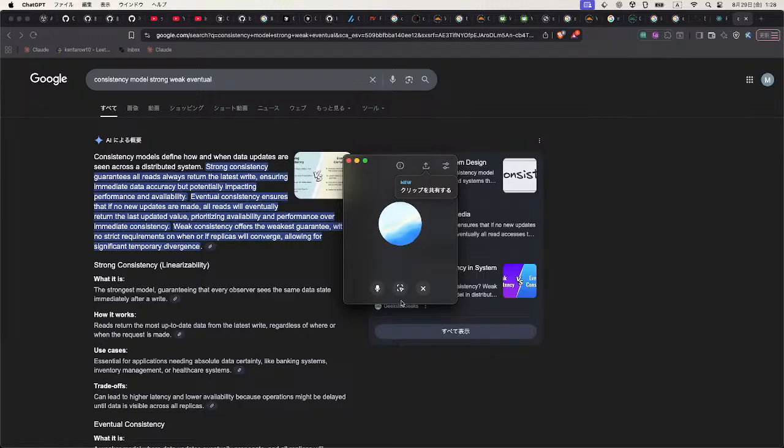But in reality, we cannot avoid network partitions in distributed systems, so when a network partition happens, we have to choose one of consistency or availability. Does it make sense?